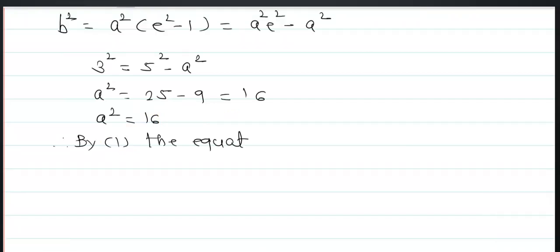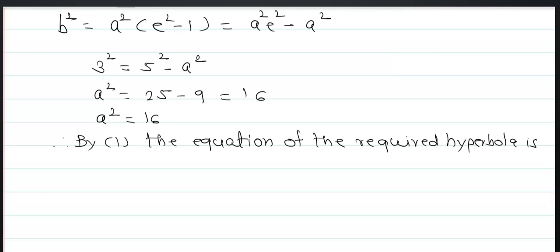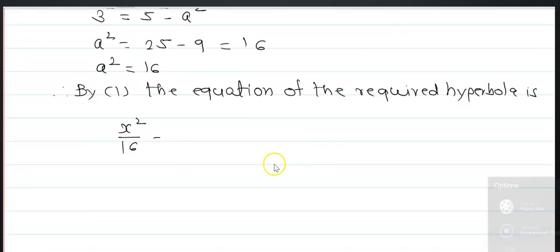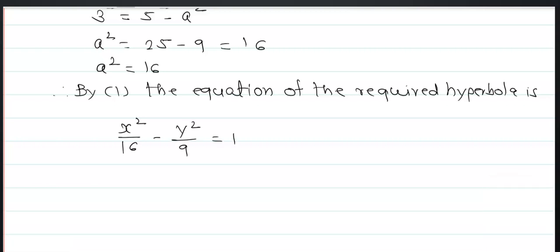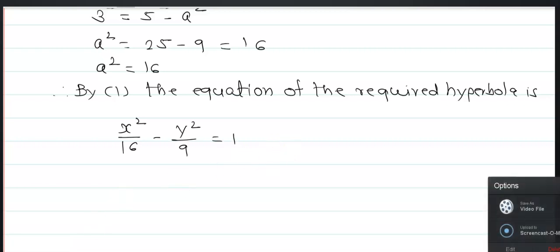Therefore, by 1, the equation of the required hyperbola, we have now the values of A and B. A square is equal to 16. Therefore, x square upon 16 minus y square upon 9 is equal to 1.